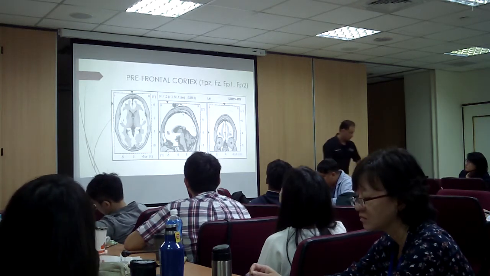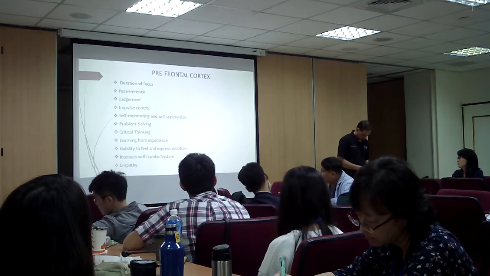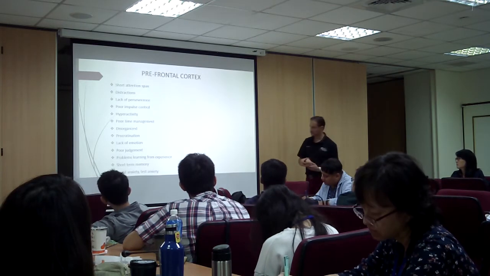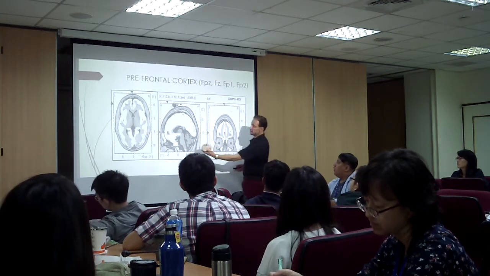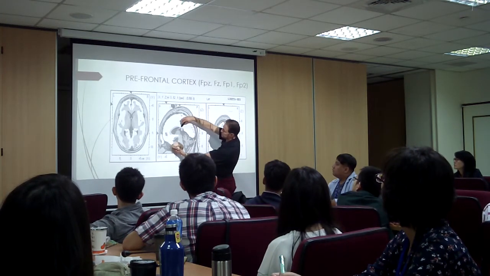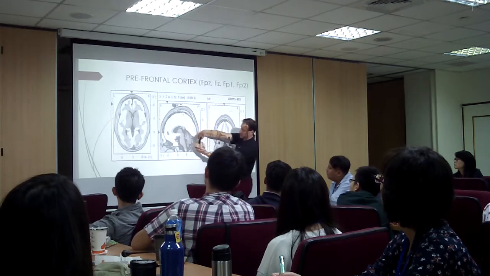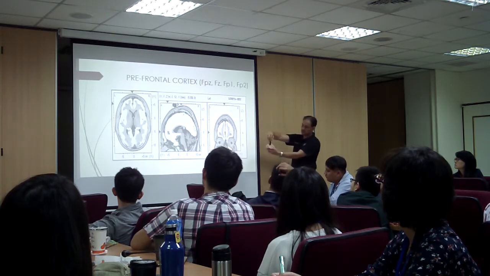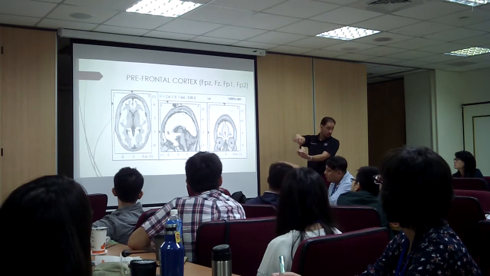Now, it's significant because, oops. Okay. Do you see that here? So this is your corpus callosum. See that? This area of the brain is the dorsal section of your anterior cingulate cortex.